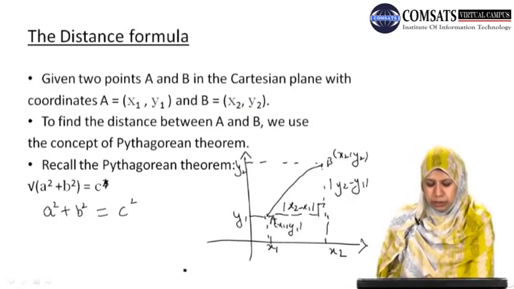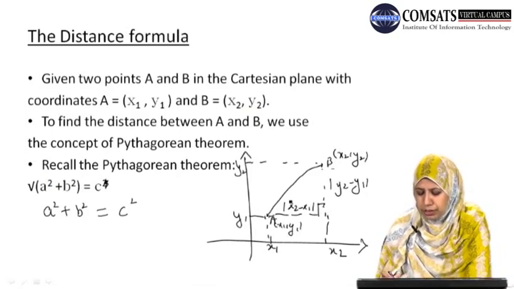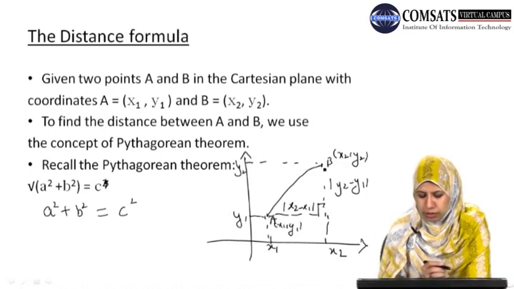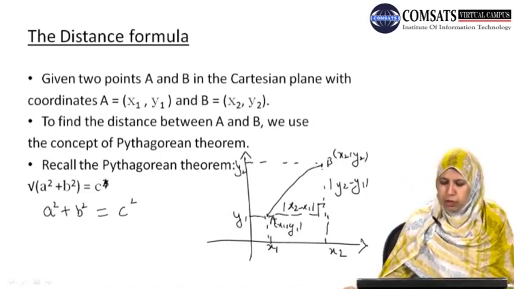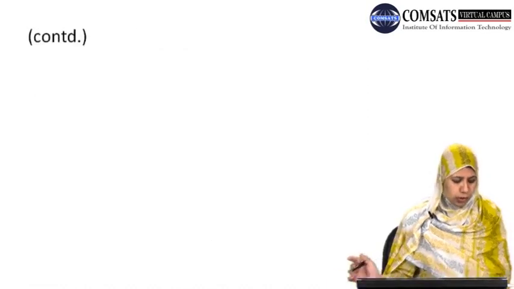And now we will use our Pythagorean theorem. We want to find the length of the line segment joining points A and B, so basically we want to find the length of the hypotenuse. So according to the formula, what do we obtain?